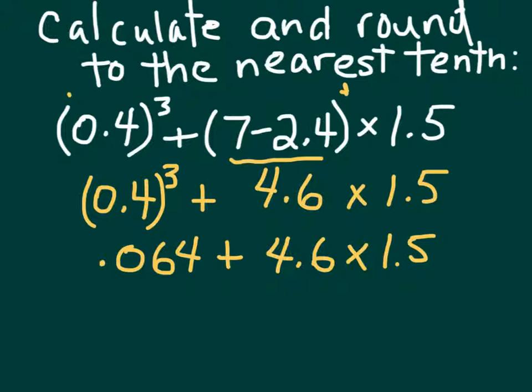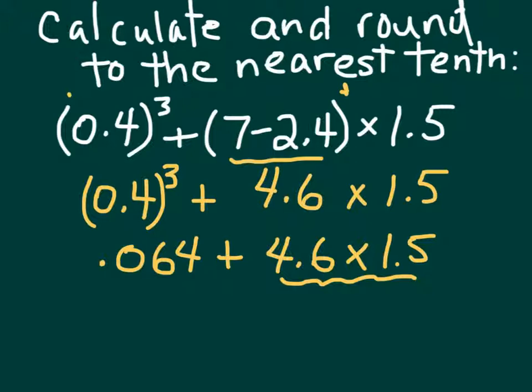All right, so it is getting simpler. We're not quite there yet. We've got adding to do, and we've got multiplying to do. Which does PEMDAS tell you to do first? Definitely multiplying. Multiplying definitely comes before adding or subtracting. So the work that needs to be done then is to multiply 4.6 times 1.5.